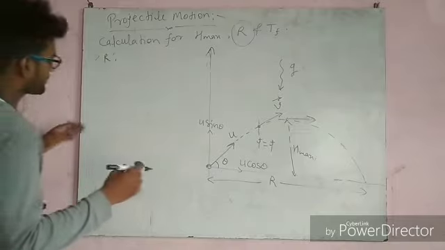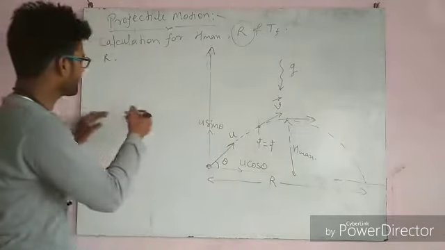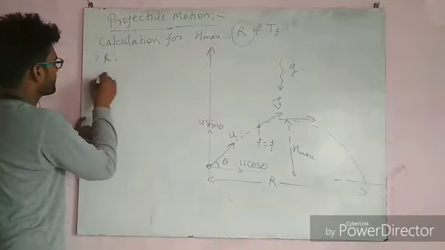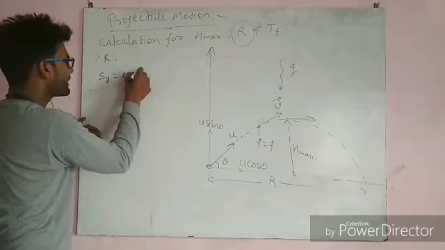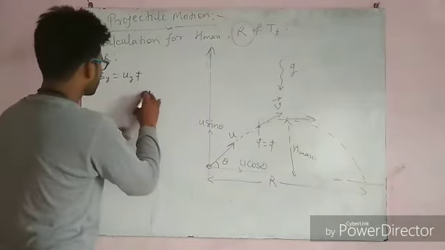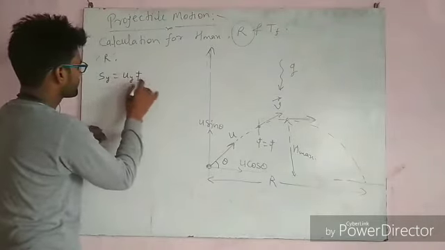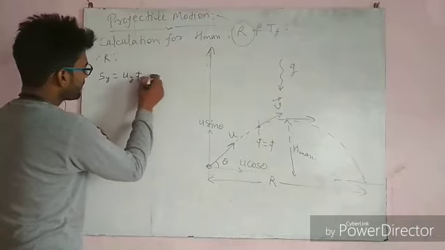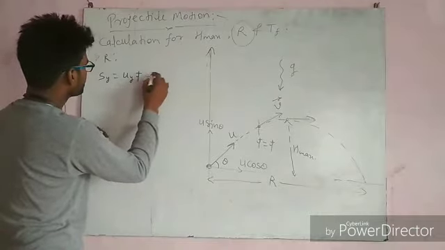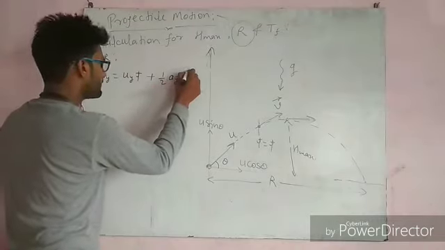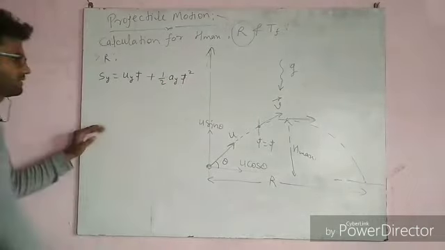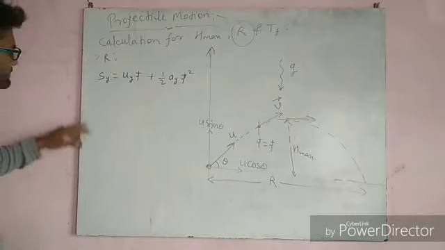Firstly, we'll write the equation for displacement in y direction. Sy equal to uy t plus half ay t square, right?